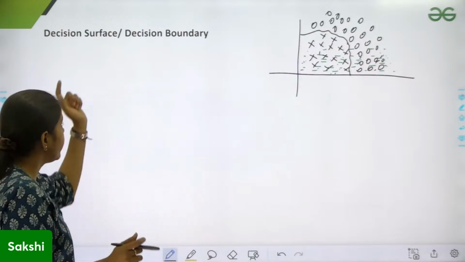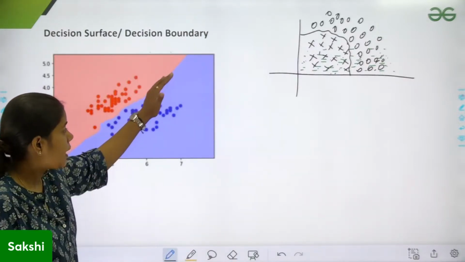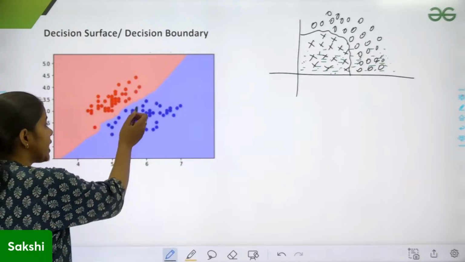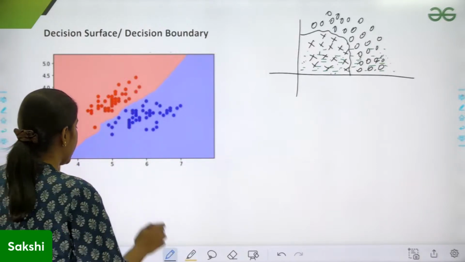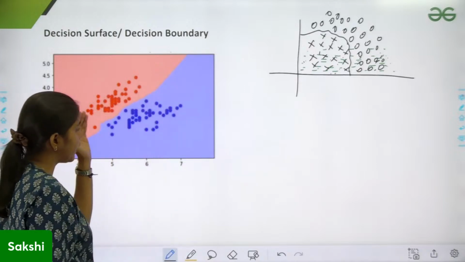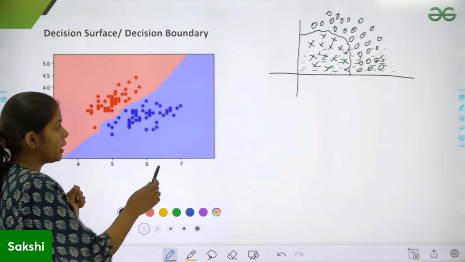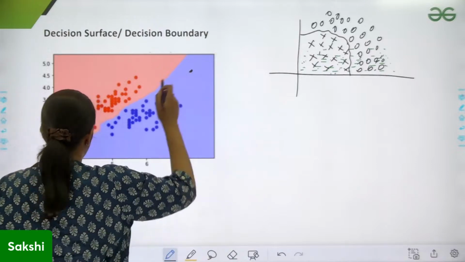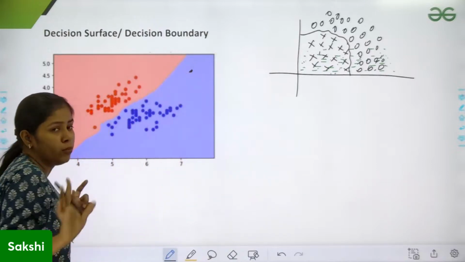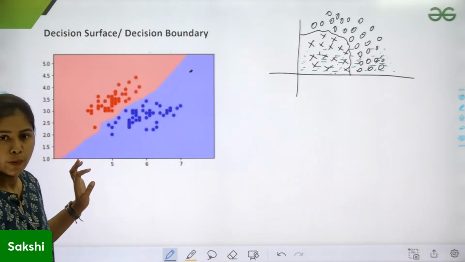So what is the benefit of finding the decision boundary? You can see that here, if I have the decision boundary, these are the points in my training process, and I have formed a grid and classified into red and blue, right? What is the benefit of getting a decision boundary? I do not have to rerun again. I'll see that this point lies in my blue section, so I'll classify it as the blue category, right?